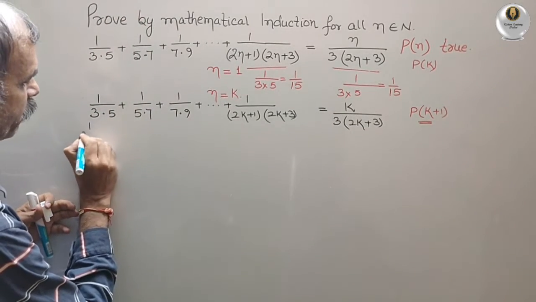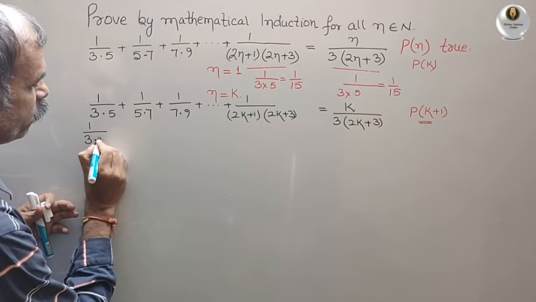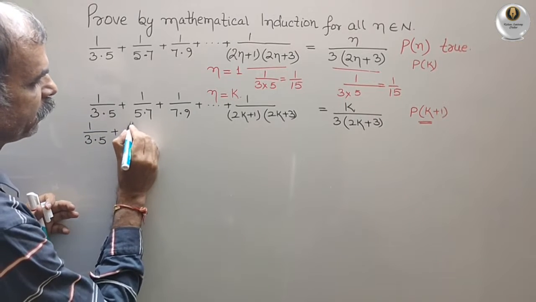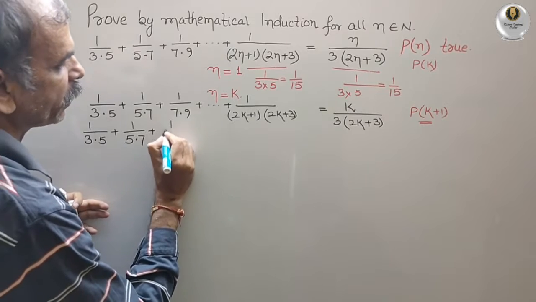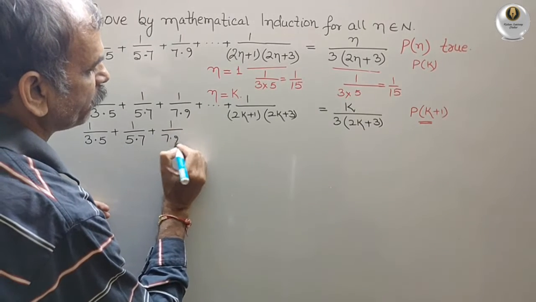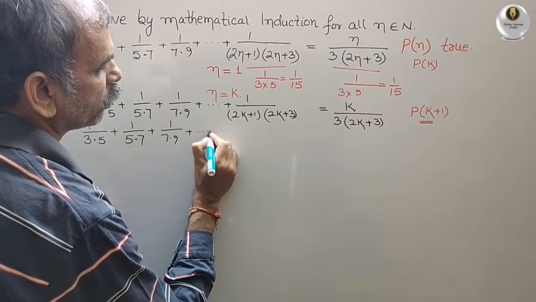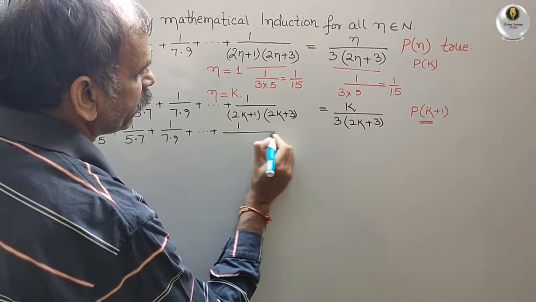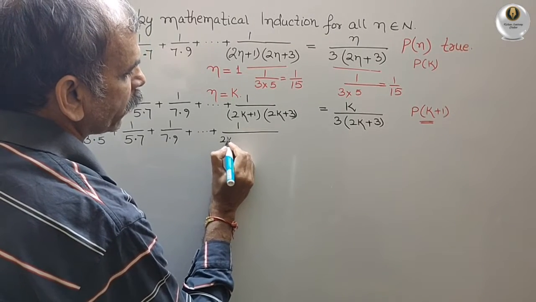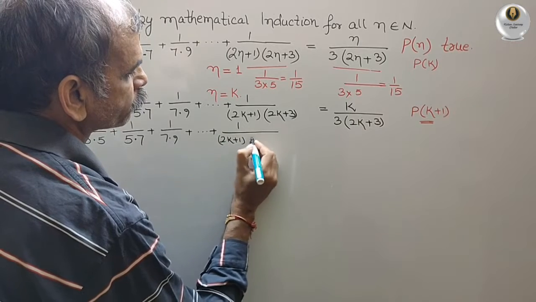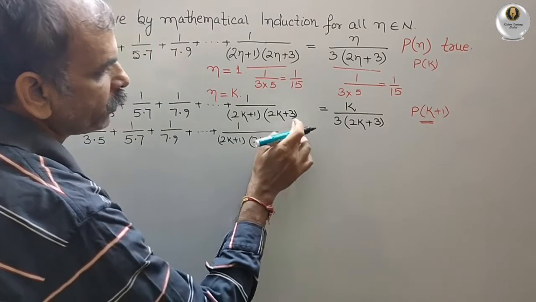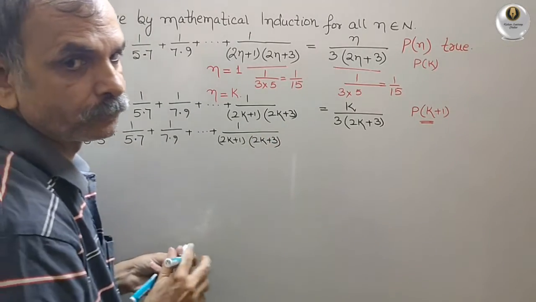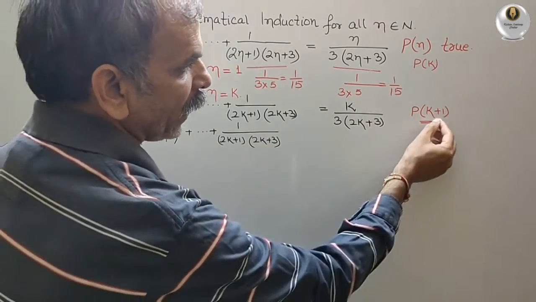It will become 1 by 3 into 5 plus 1 by 5 into 7 plus 1 by 7 into 9 plus so on up to 1 by (2k plus 1) into (2k plus 3). This we have written up to here, and further we have to add the (k plus 1)th term.